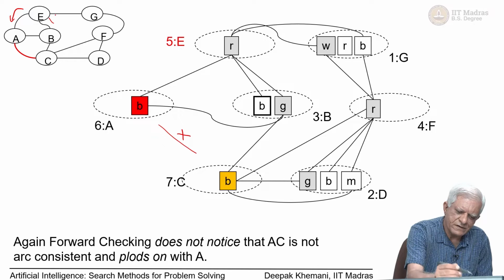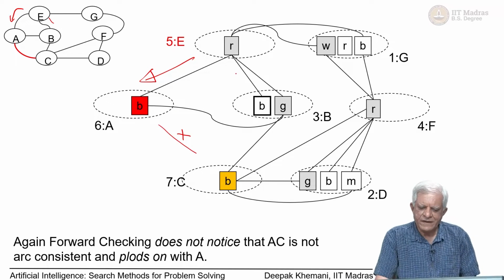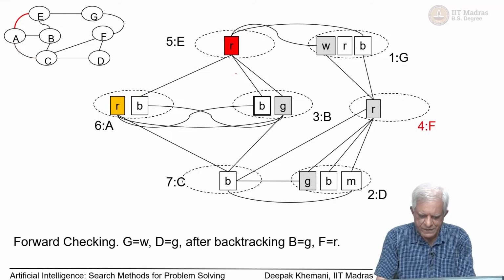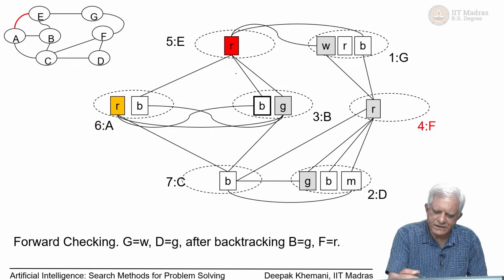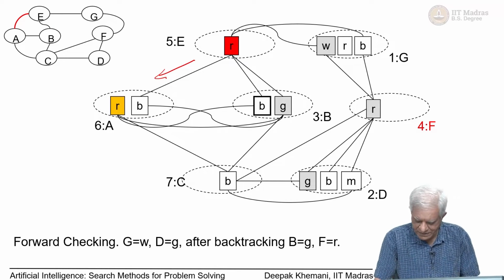So, what are the connected variables? There is only one connected variable in the future, the others are there, but they are in the past, and forward checking only removed that value from the connected variable in the future, which is R. It does not look at the relation between A and C at this stage essentially.